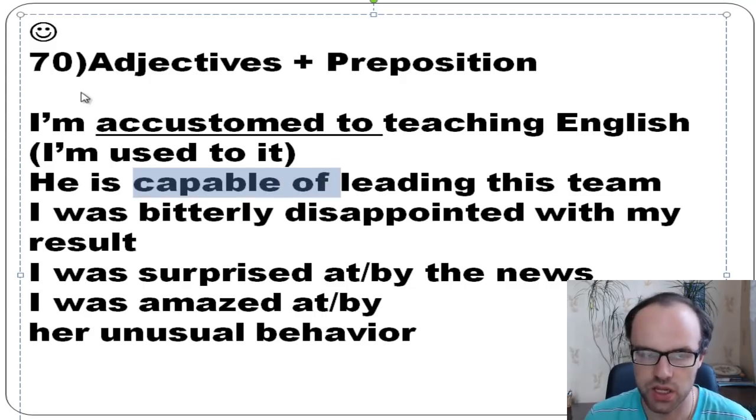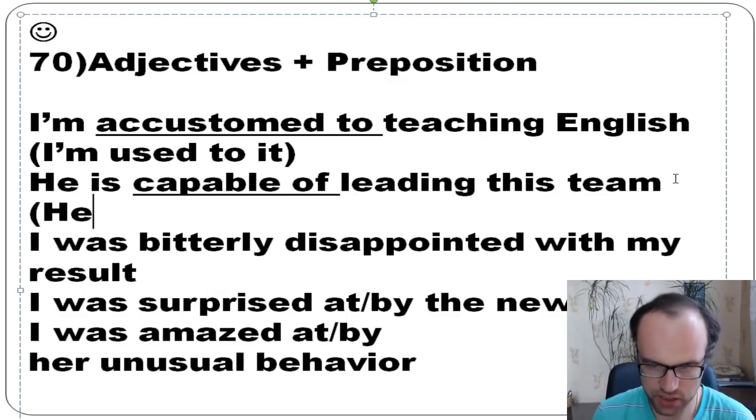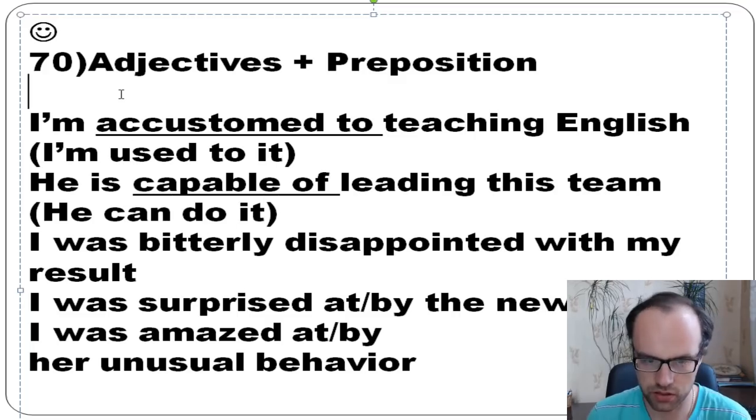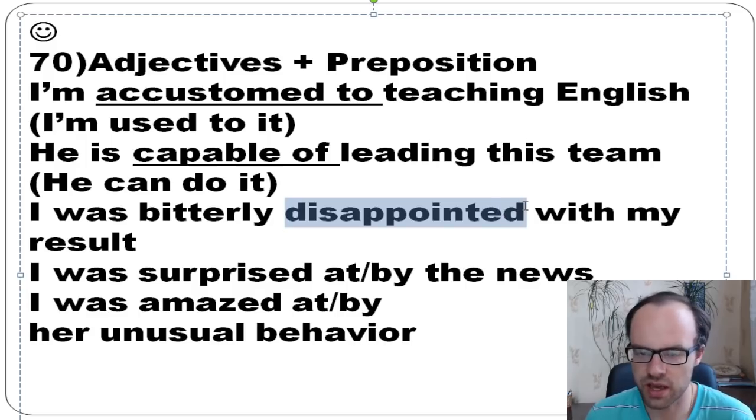Capable of. He is capable of leading this team. It means that he can do it. Okay. Good. I was bitterly disappointed with my result. So bitterly or greatly disappointed with my result, greatly upset, sad. I was surprised.